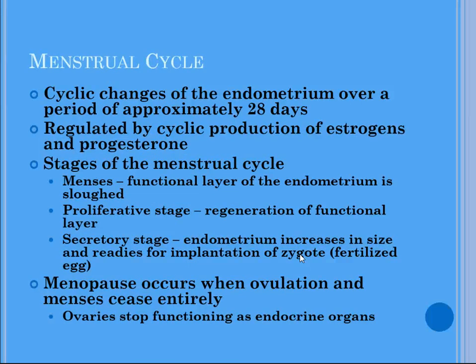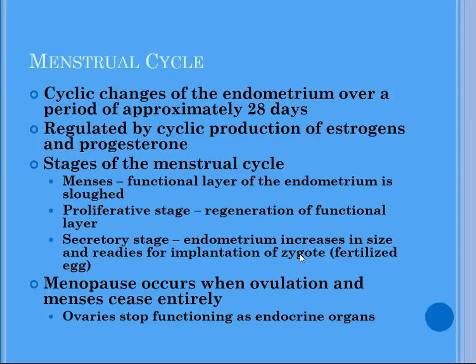Okay, now your menstrual cycle is this change in the ovary and the release of the egg and all this good stuff. And the stages are the menses, which is where you are sloughing off this layer, the functional layer, which is mostly blood, right, to supply the egg until the placenta is built. Because the egg has to supply nutrients for itself for a little bit, and then this blood layer is nice and cushy, and the egg will anchor into it, and the placenta will form and all this good stuff.